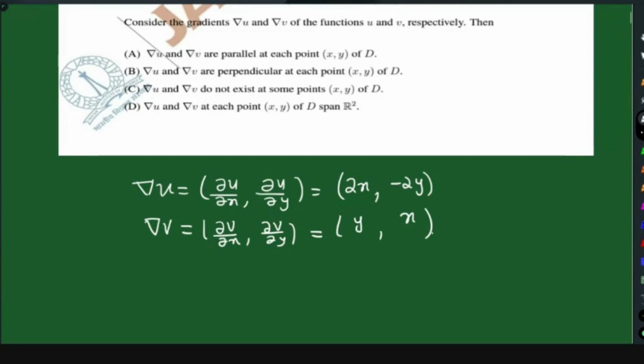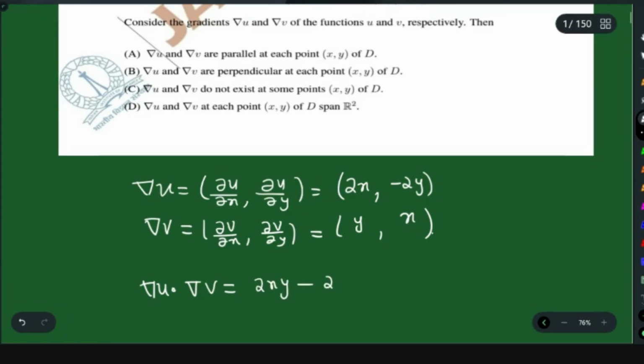That is the thing you have to check. So what do you get for del U dot del V? The dot product is 2xy minus 2yx. So that is 0 for whatever x and y. Their dot product is 0, which means they are perpendicular.